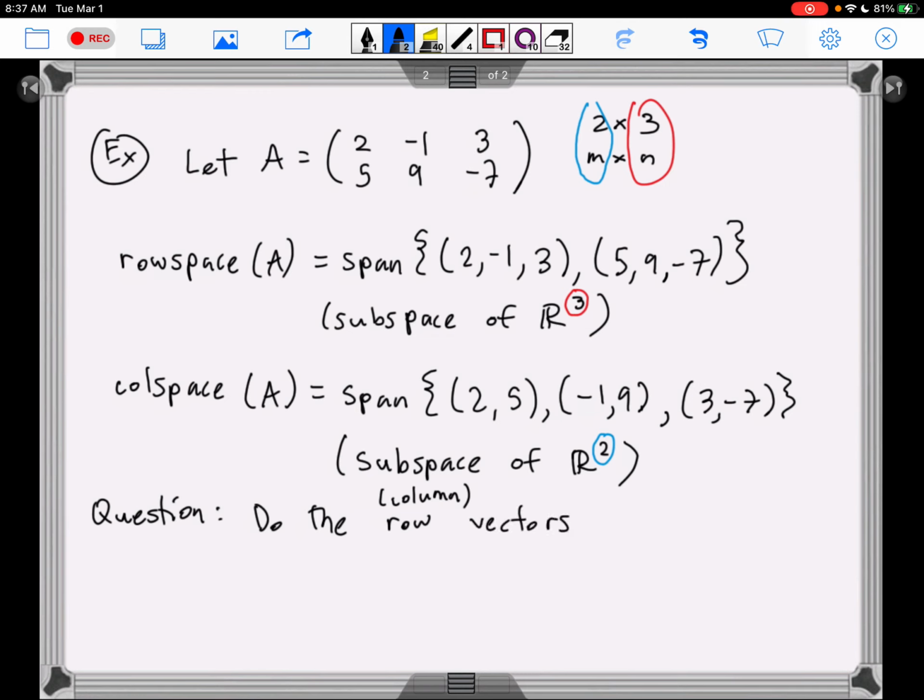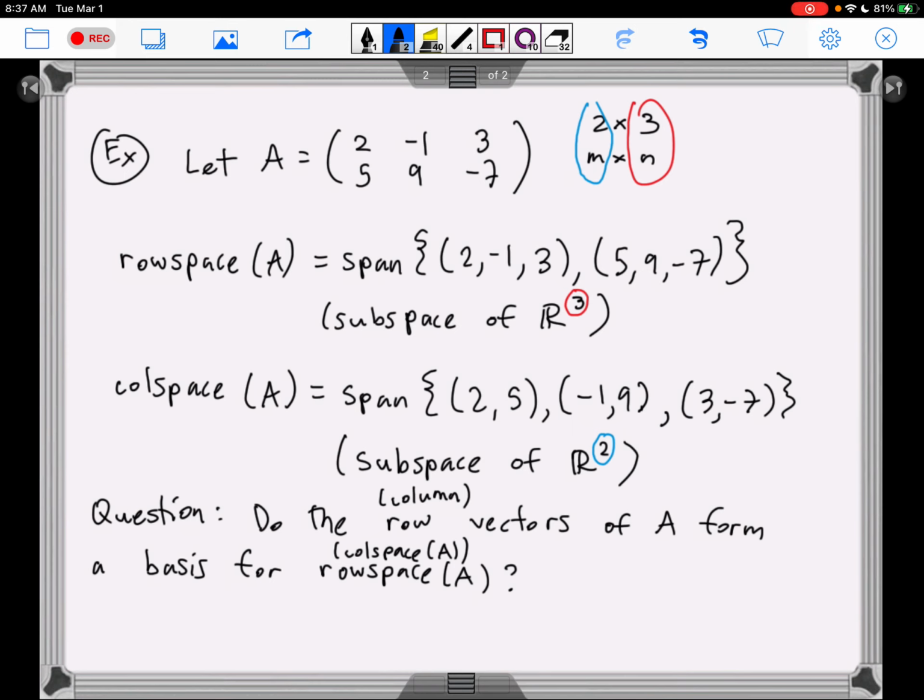Do the row vectors of A form a basis for, I mean, we know they span. The question is, do they form a basis for the row space of A, or if we're using columns, do they form a basis for the column space of A?